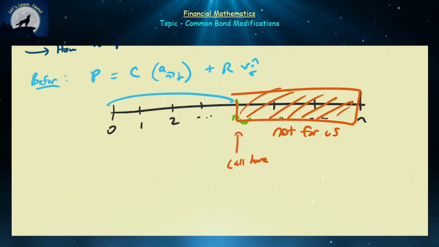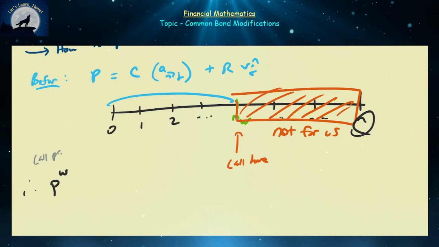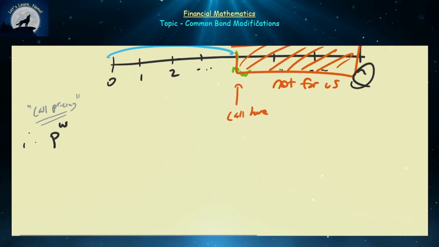Because you should be selling bonds with respect to NW, because if you sell it, they're probably going to sell it also at NW or call it at that particular point. So everything will be overvalued if you price it with respect to n and not NW. So this is one of the reasons why you want to price with respect to NW and not n. Some people will call this the call pricing of the bond, or the call book value.